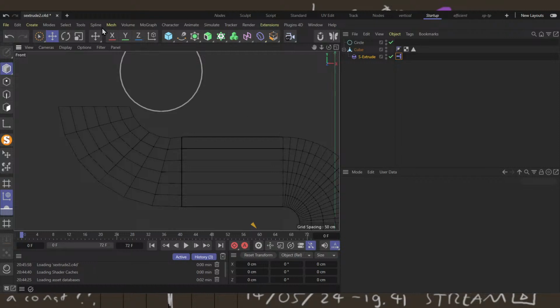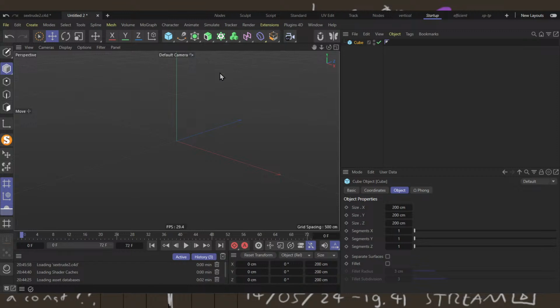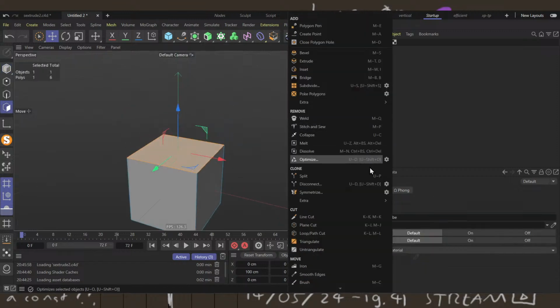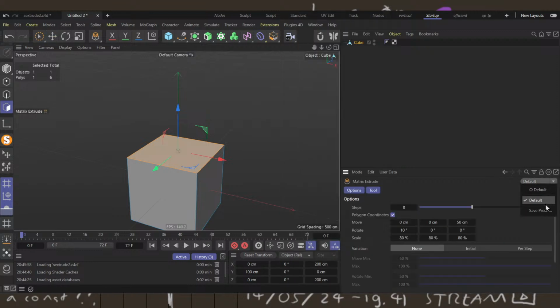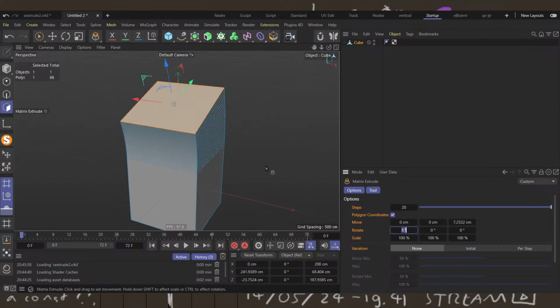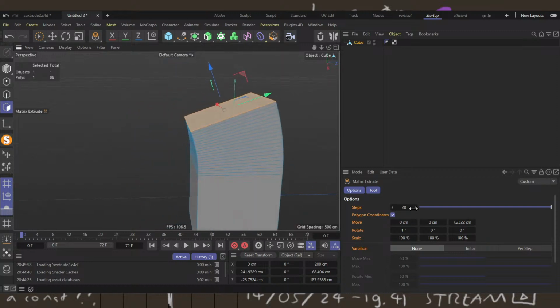Well, we do have something like matrix extrude. For example, you go to matrix extrude right here, and then you can do stuff like that. But it is hard to do. You have these steps and the move and rotate values.